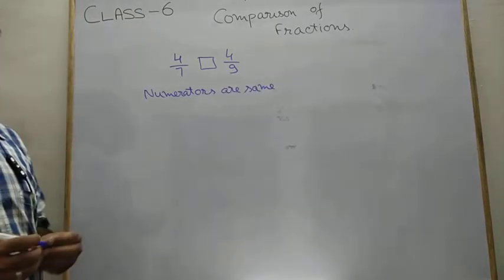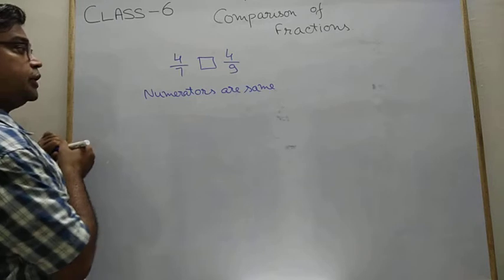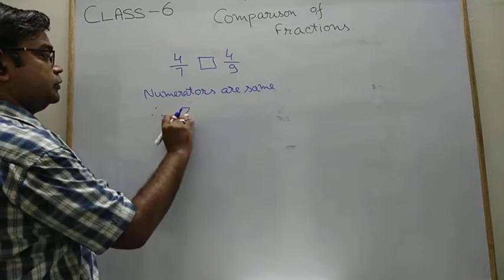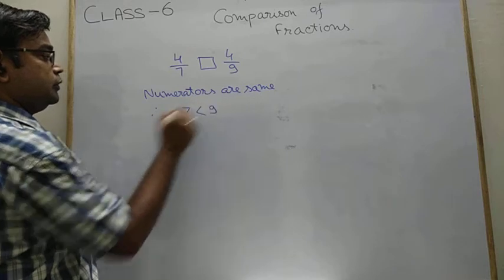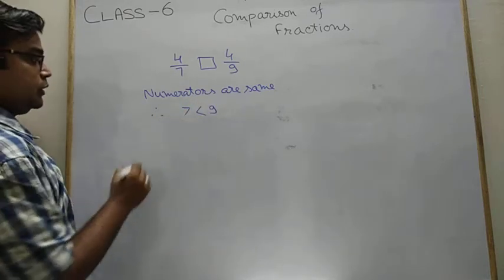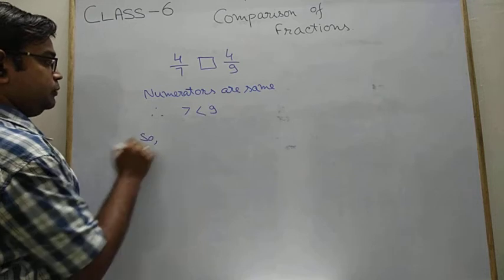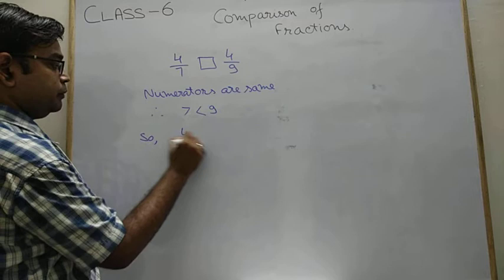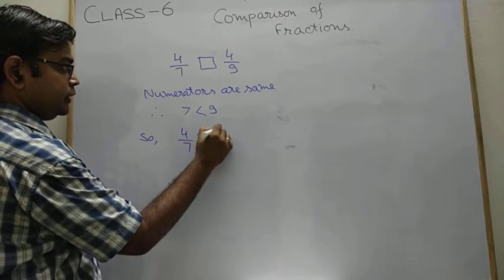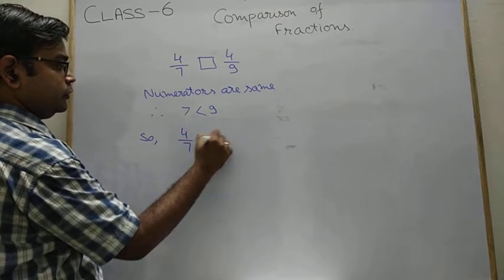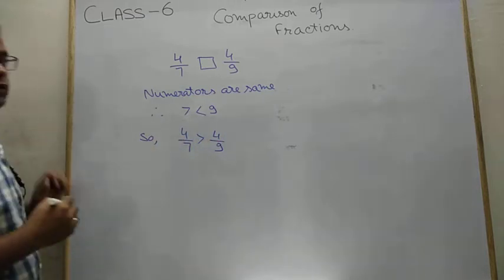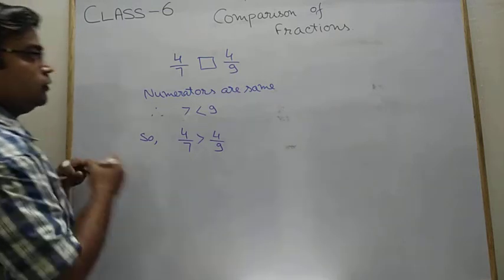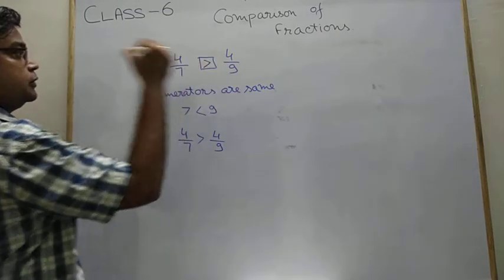Numerators are same. If numerators are same, then we check the denominators. Therefore 7 is less than 9. It means if 7 is less than 9, then 4 upon 7 is greater than 4 upon 9. So likewise you can solve and then place the sign.